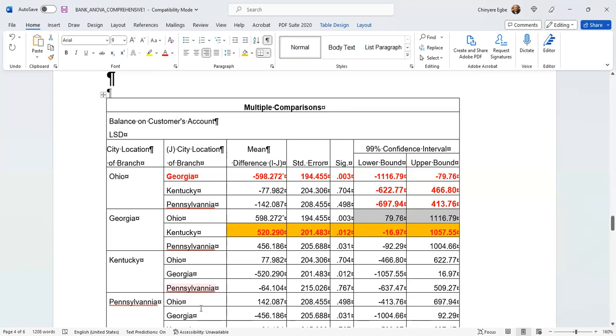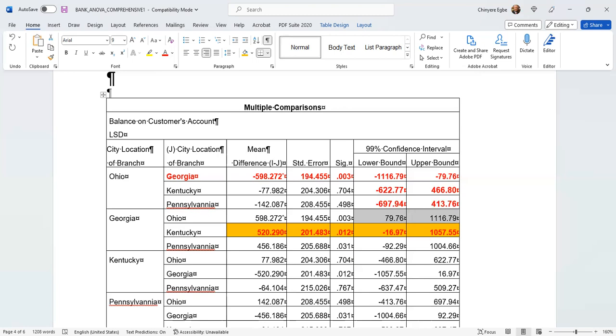And if you keep going, you keep getting the same result. It does not have to be only one that is different. It could be that they're all different from each other. But the reason that you rejected the null hypothesis of equality is because Ohio is different from Georgia. That makes you reject the null hypothesis that everybody is the same.